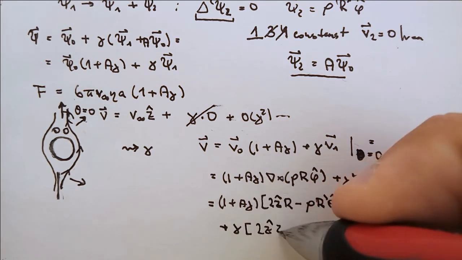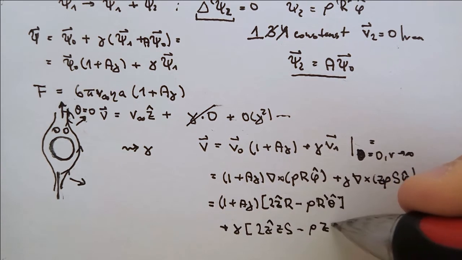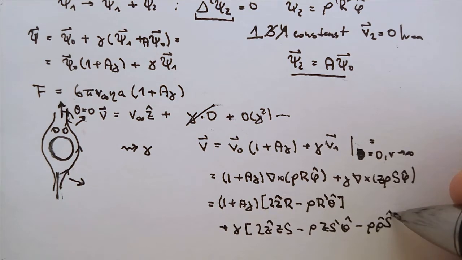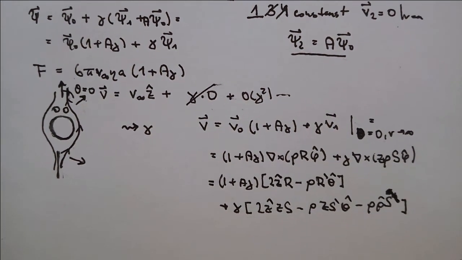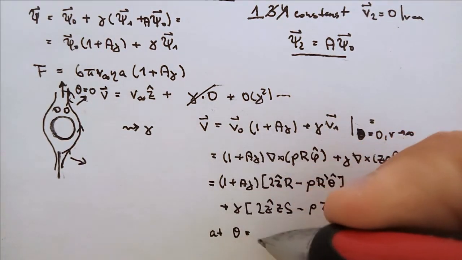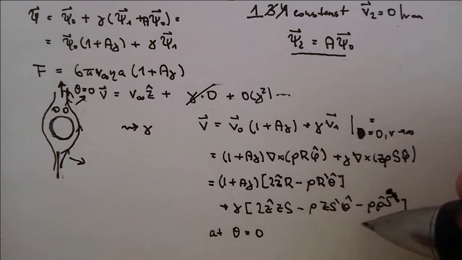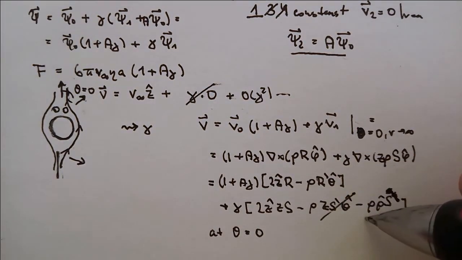It's 2 times Z. This is the same as in the row I've shown you a few seconds ago. This is this row hat. This is S prime. Oh, this is not S prime, this is just S. Well, at theta equal to 0, there are some terms which will cancel out, because this is perpendicular to R at theta 0, and this is also 0.